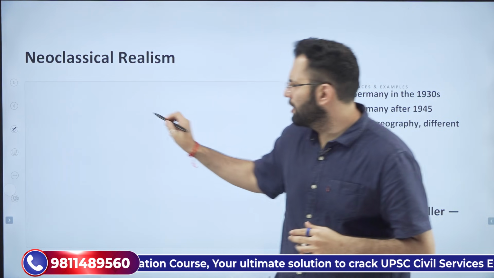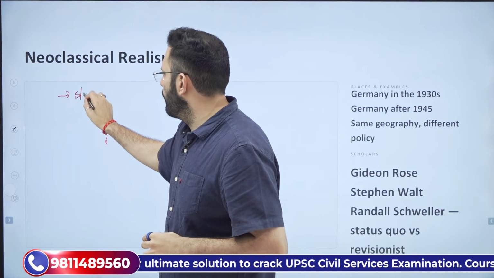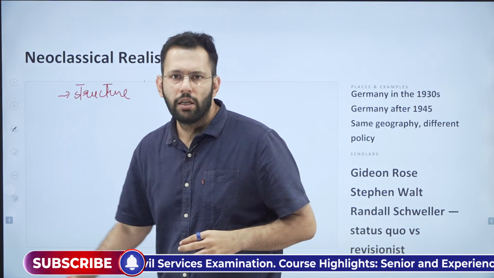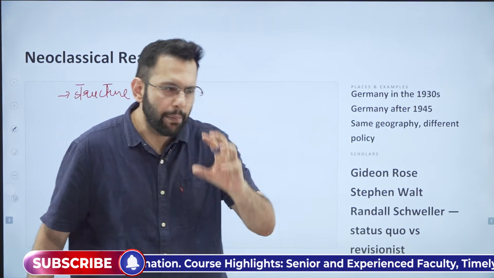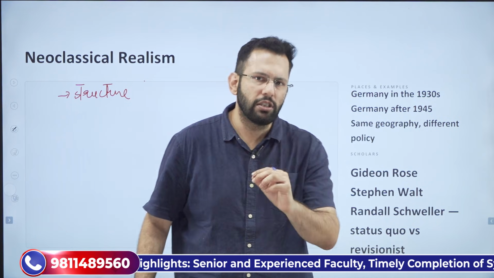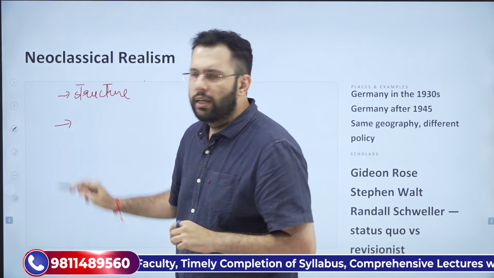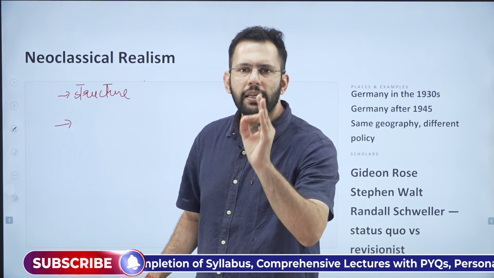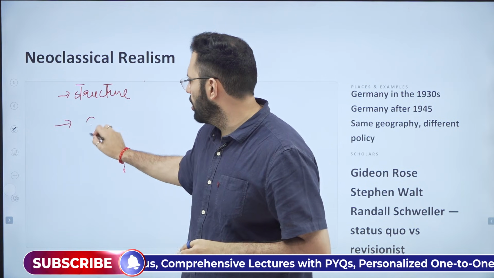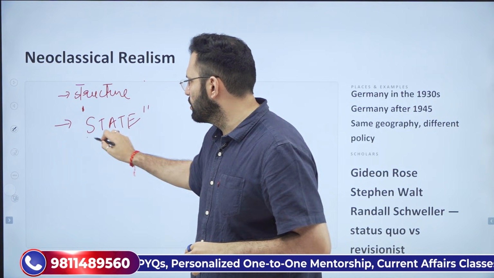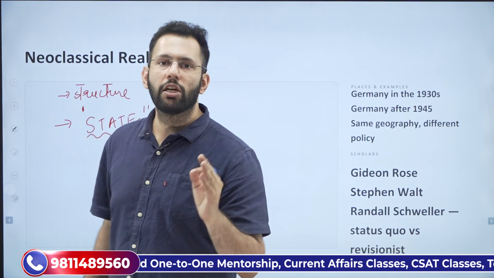Neoclassical realism says that yes, there is influence of structure, no denial in that, the structure pushes the countries. Structure is anarchical, there is an absence of world government, and it pushes the countries. But it also says that we have to remember one thing, that the ultimate decision-making authority under realism is the state. It reiterates the importance of the state.